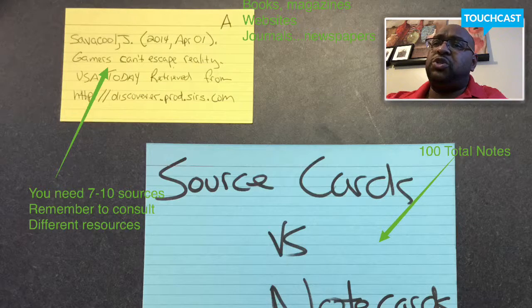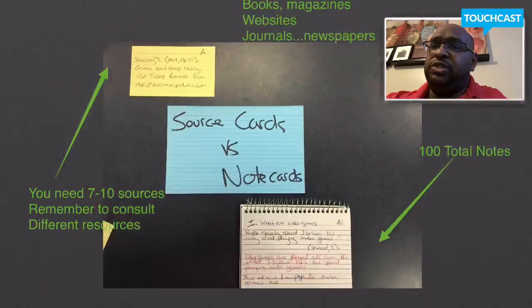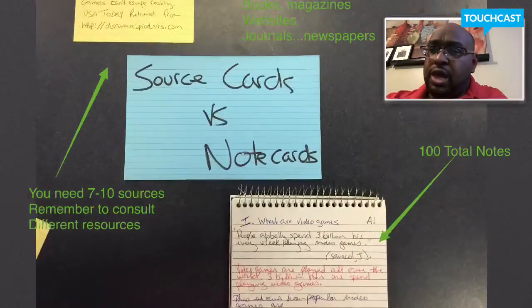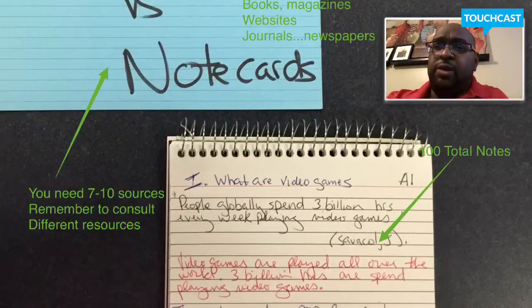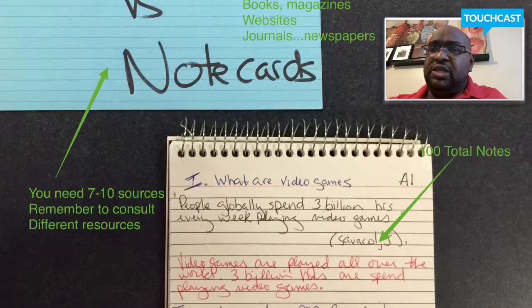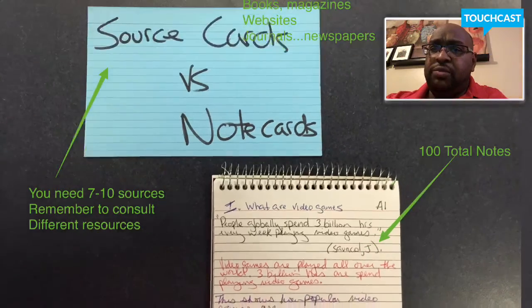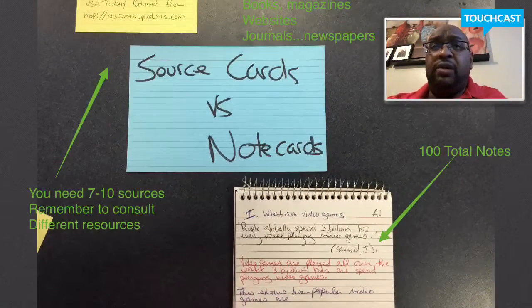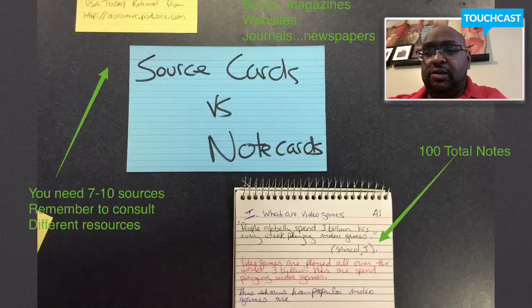So when I set up my source card, I know that any note that I take comes from that source. So when I do set up my note cards, and you're going to see this in the next image, they're going to be set up a specific way. And that way is very, very important, again, because organization is key.